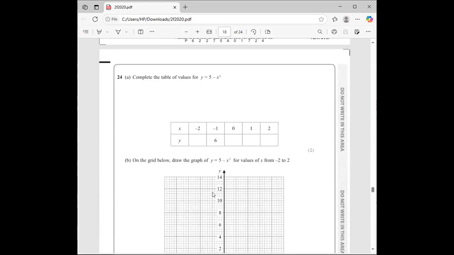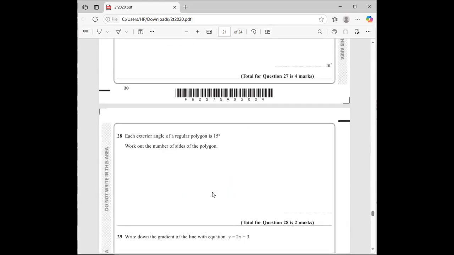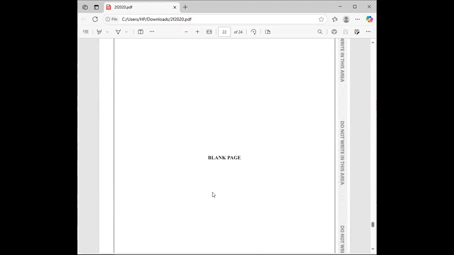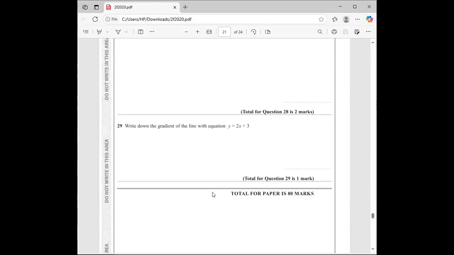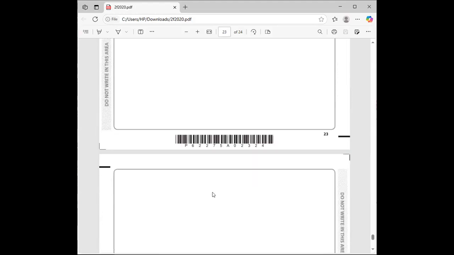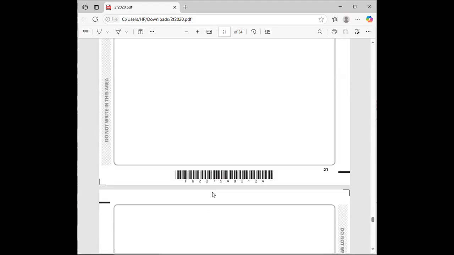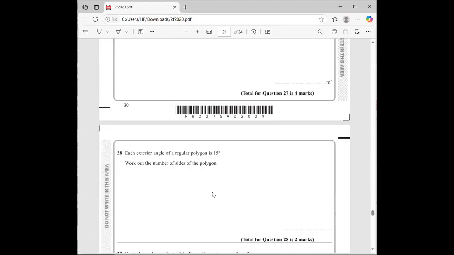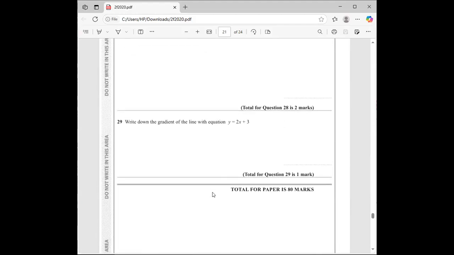Let's go all the way down to question 29. Oh, interesting. That's with linear graph. Okay, so I'm sure you can handle this one. Let's see if you remember.